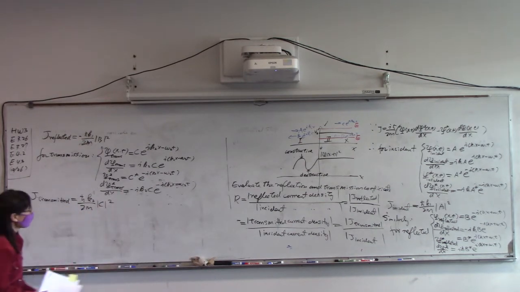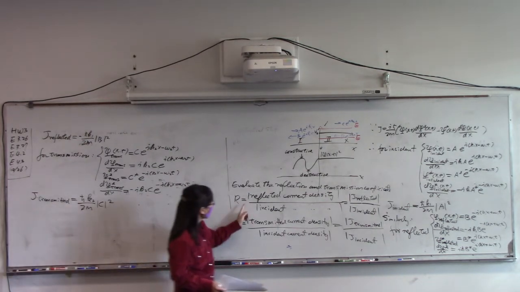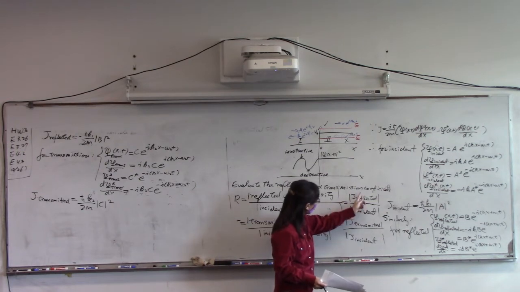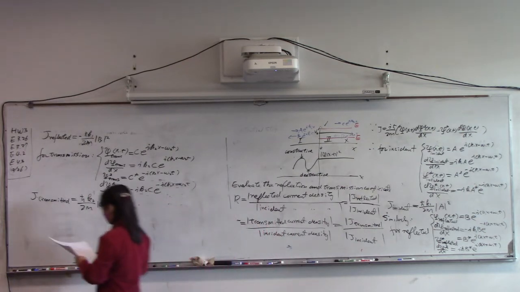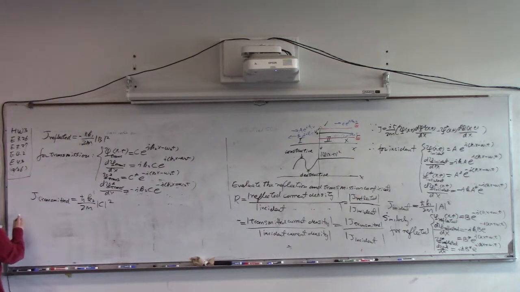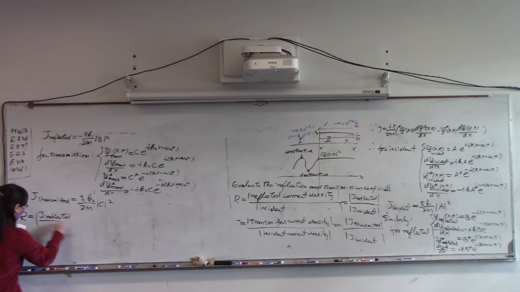All right, now we can answer these two questions, since R and T are nothing but the ratio of the current density reflected to the incident, or transmitted to the incident. So we can easily substitute this. Let's first look at R. R is J reflected over J incident.